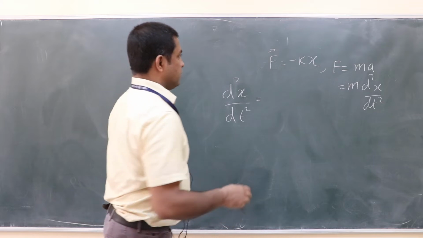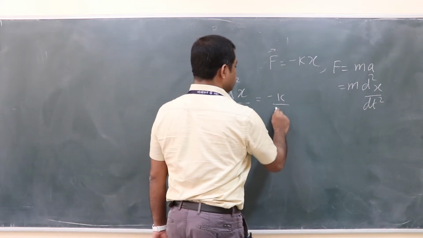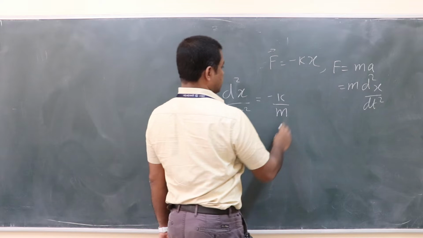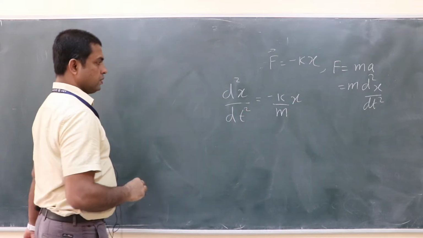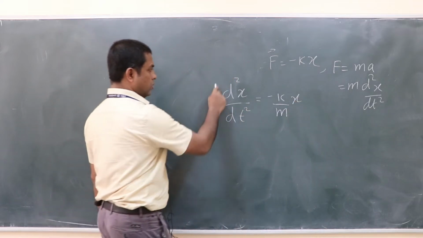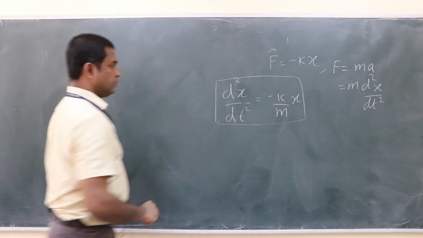So what you get here is now minus k by m x. Is it correct? Yes, sir. Okay, so you have to solve this equation.